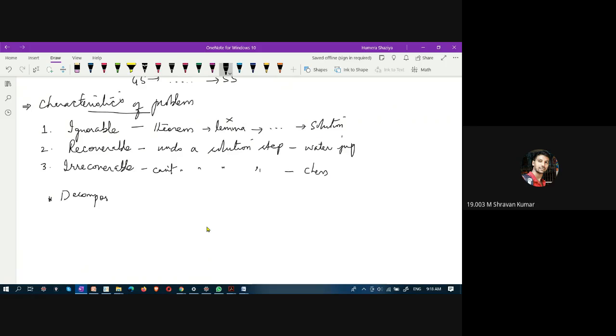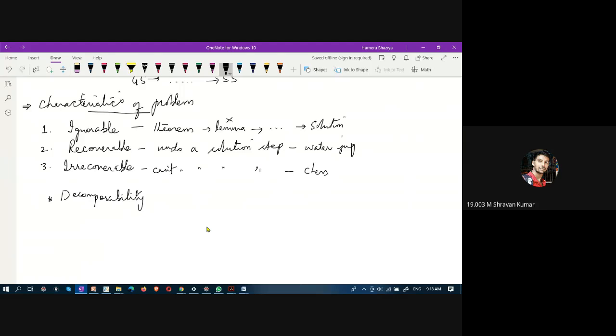So, ma'am, yesterday we saw that puzzle also cannot be undone, right, ma'am? We need to go through the steps. We need to move each and every number, right, ma'am, to obtain the state. Will it be an irrecoverable problem? Which one? Name of the problem, please.